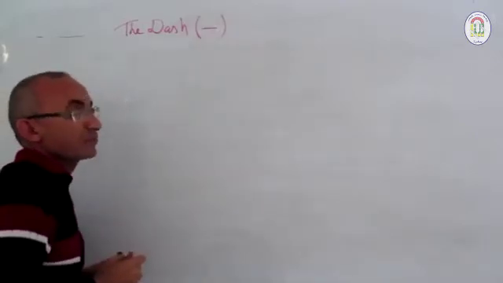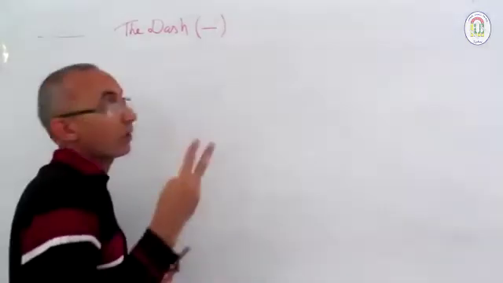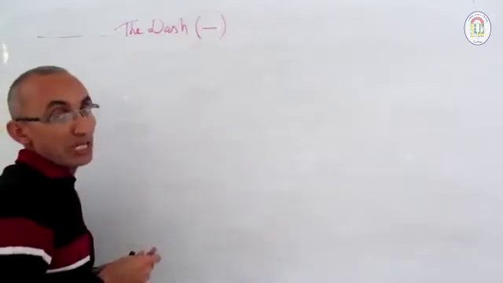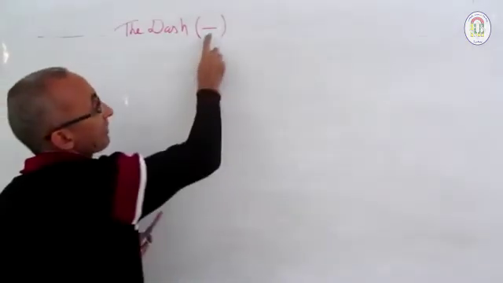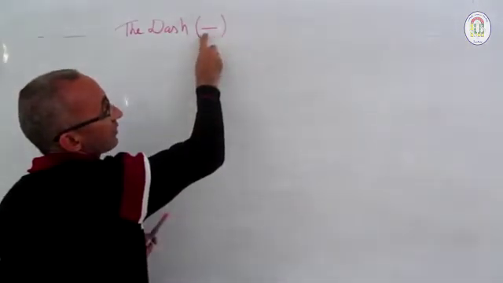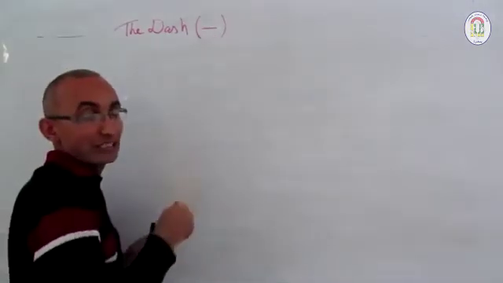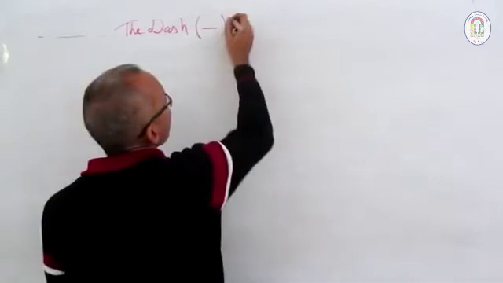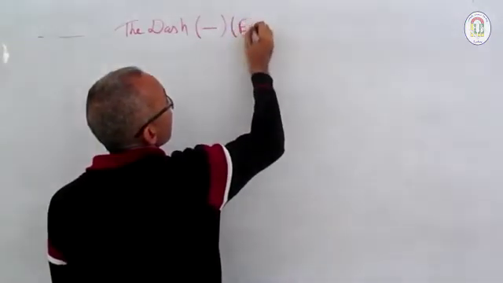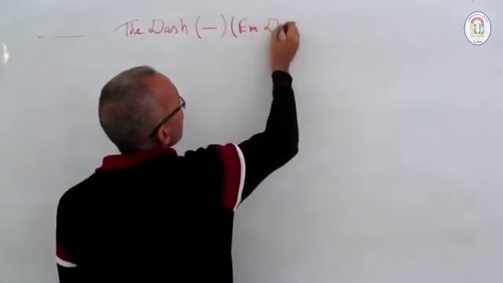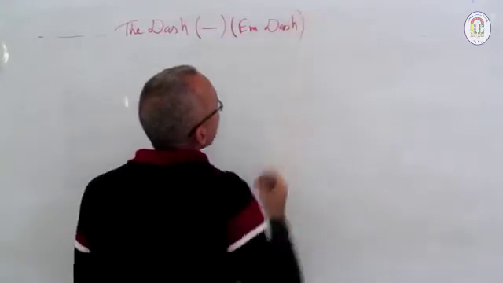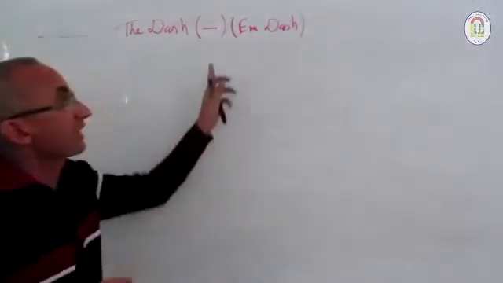In fact, even in English we have two dashes. We have what we call the M dash. It covers the length of the letter M. And this one that we will discuss today is called the M dash. Clear? And we also have the N dash.